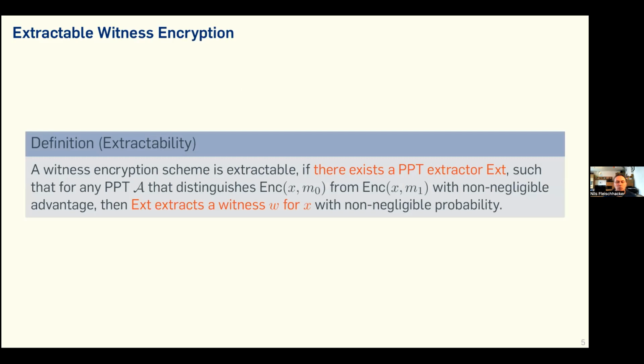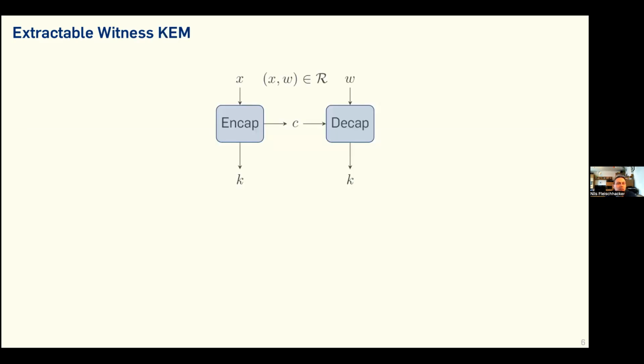So how would we go about constructing something like that? Well, constructing it directly is a bit hard. We actually take a step back and construct something simpler first. What we construct is not an extractable witness encryption scheme, but an extractable witness KEM. What is a KEM?